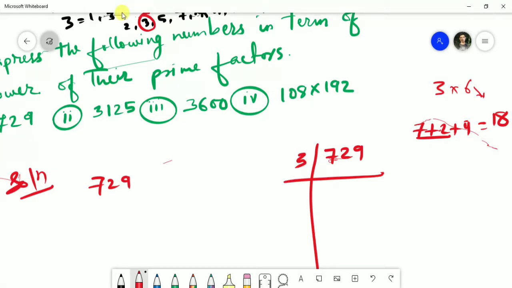So if you divide by 3, I'm going to show you the division also, in case you don't know that.